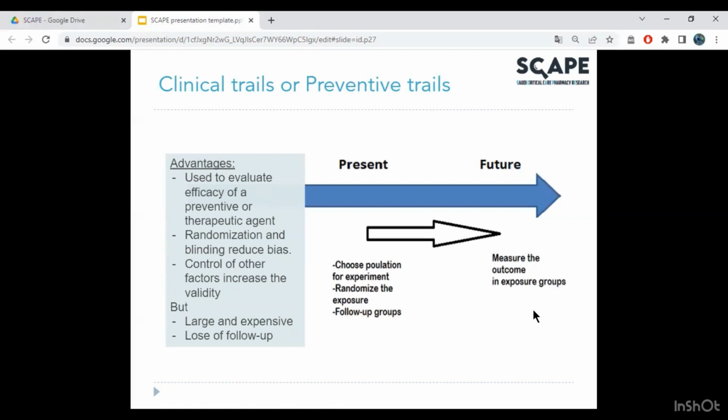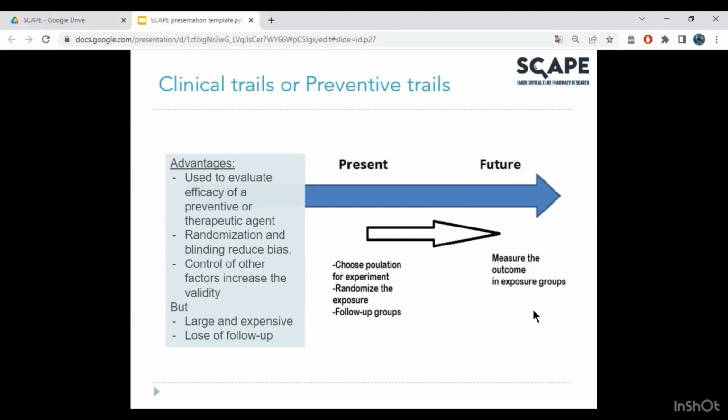What are the advantages of clinical trials? Of course, clinical trials are typically used to evaluate the efficacy of a preventive or a therapeutic agent, because you have all the controls, you have the protocol, you assign an exposure or an intervention, and you follow up and monitor the progress of the disease with this intervention over time.